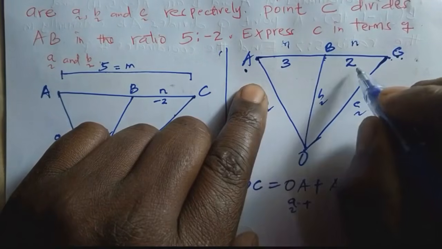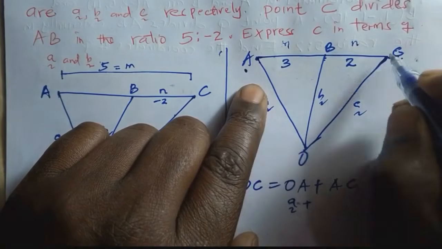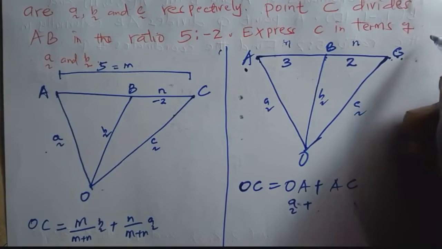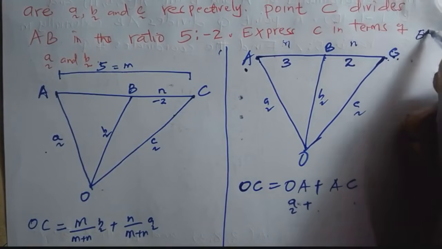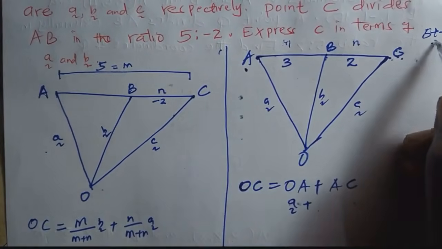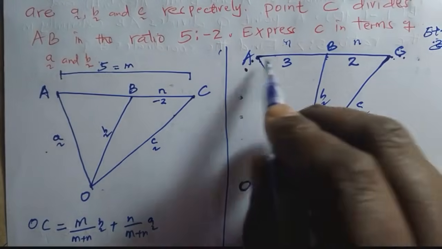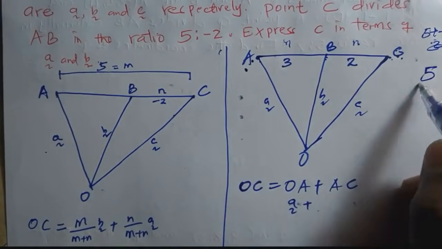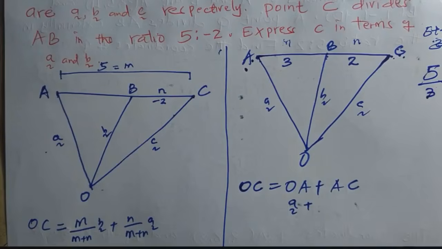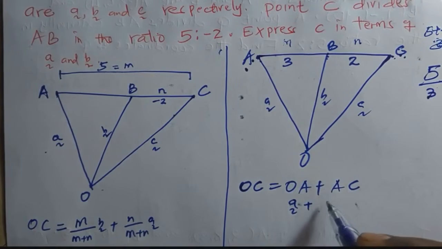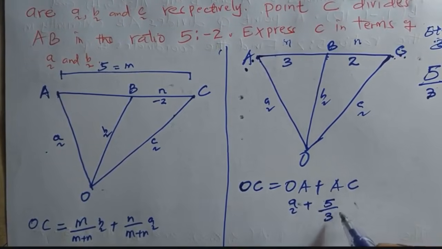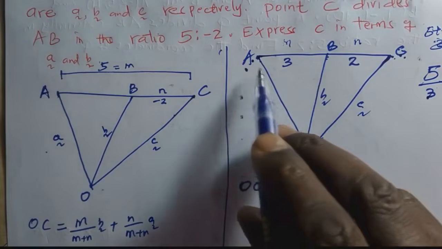From here up to here is 5, yes, but the total will not be 5. Why? Because it is 5 plus minus 2. So the total here is 3. So from A to C is 5 over the total which is 3. Understand that? So meaning AC is 5 over 3 AB.